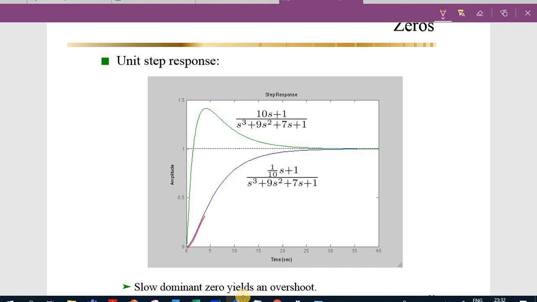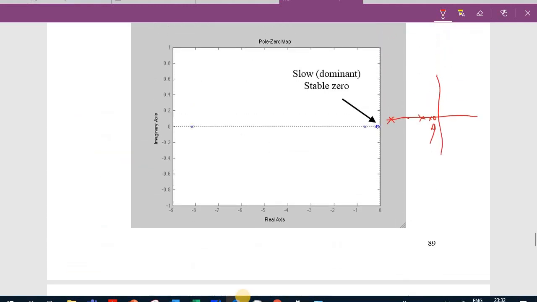Instead of a very normal response, we will have an overshoot. And actually you can see a very strong overshoot because the zero is very close to the imaginary axis, so it will have a really high effect.